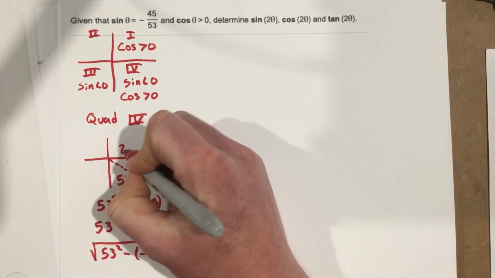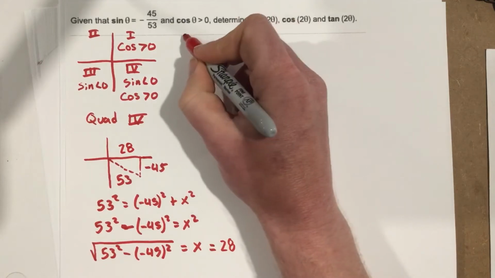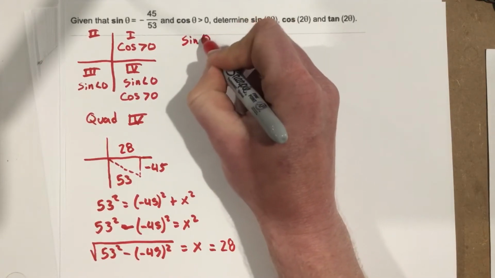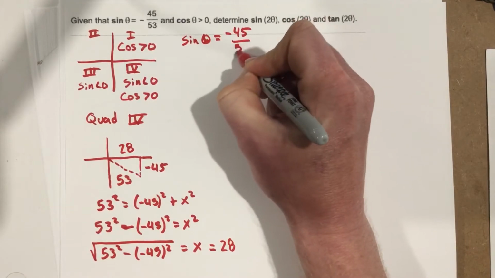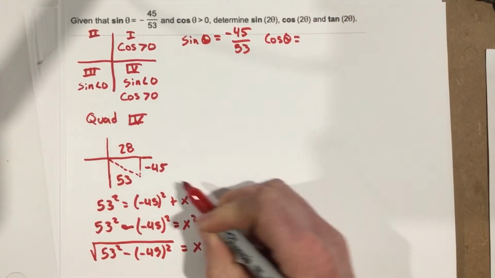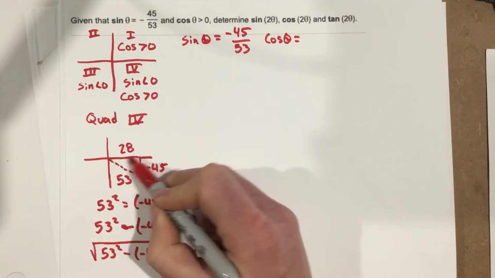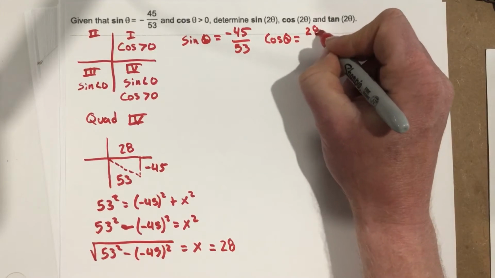So this is 28 here, which means we know sine theta is negative 45 over 53. Cosine theta is 28, right? Adjacent over hypotenuse. So it's 28 over 53.